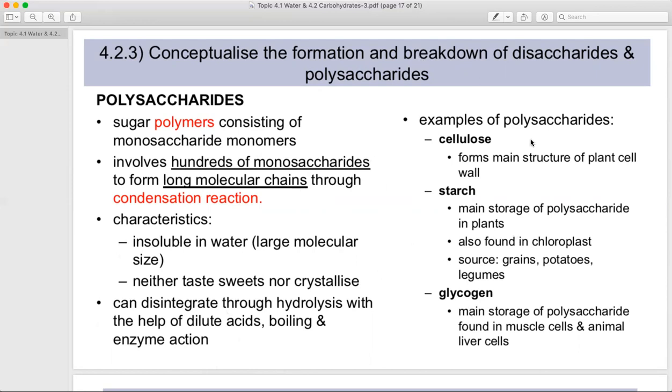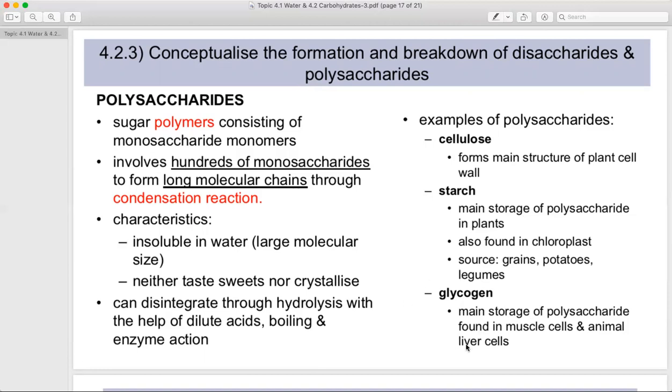So, ini adalah contoh-contoh polysaccharide. Kita ada cellulose, starch, glycogen dan ada satu lagi adalah chitin. So, cellulose ni yang membentuk cell wall pada plant cell, manakala starch adalah the main storage pada plant. Okay. Manakala glycogen pula the main storage for animals.